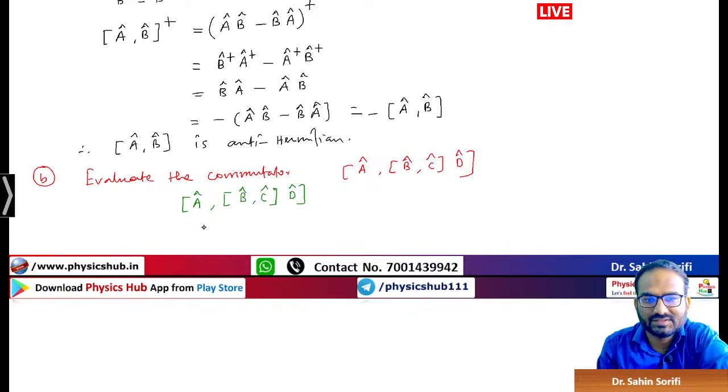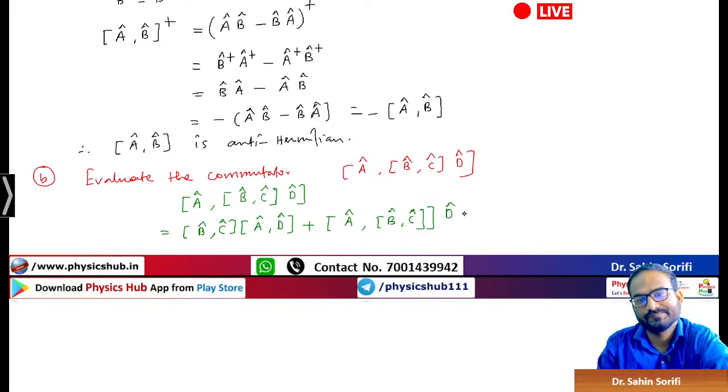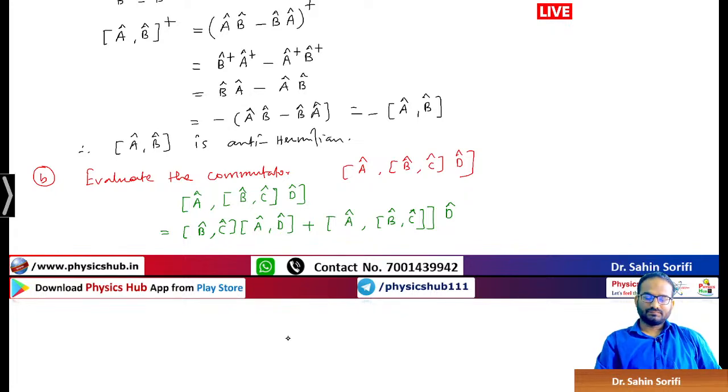So it is at the first place: the commutator of B, C, then remaining A, D, plus. Now we want to keep this BC and take out this D. So A, commutator of BC, D. Can I write it?